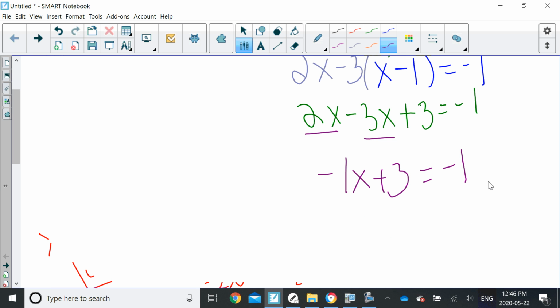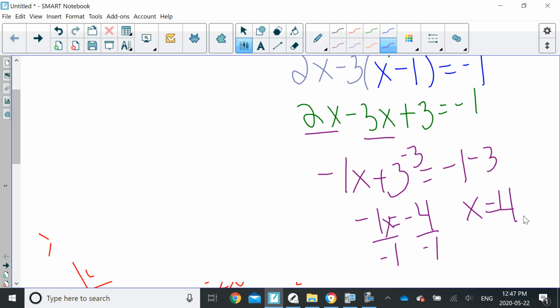Subtract 3 from both sides. Negative 1x, sorry, is equal to negative 4 when I get rid of that 3. Divide both sides by negative 1, and I get x is equal to 4. That's what my x is.